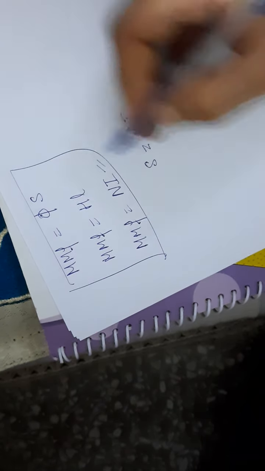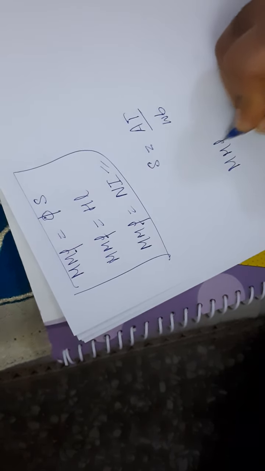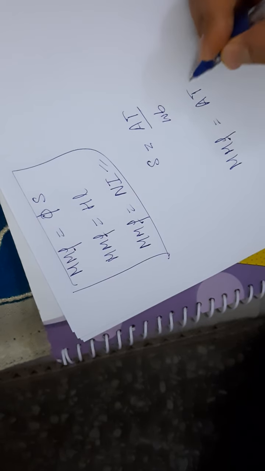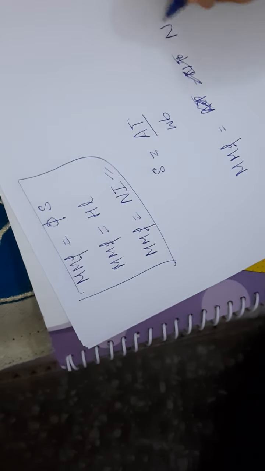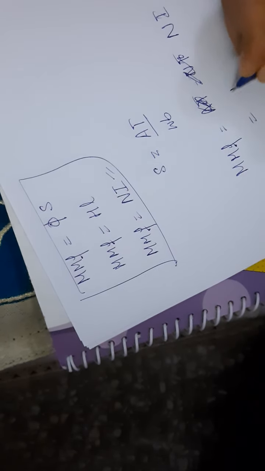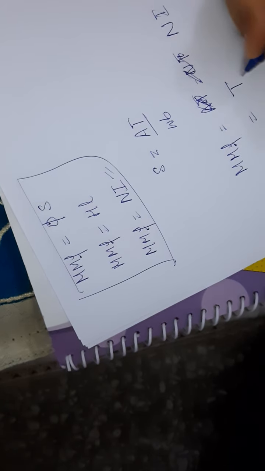Third formula: MMF is measured in ampere turns, which is nothing but Ni. N is the number of turns, denoted by T, and I is the current in amperes, so AT. But what is the other formula for MMF?